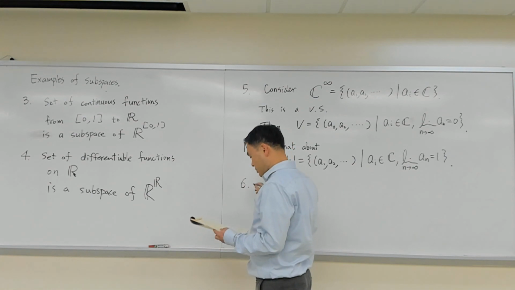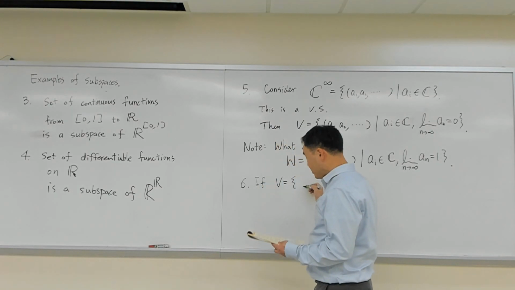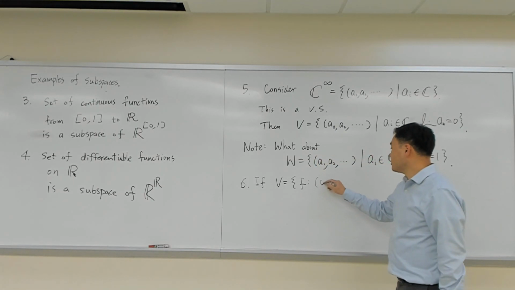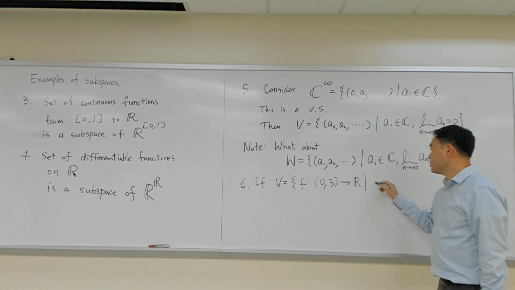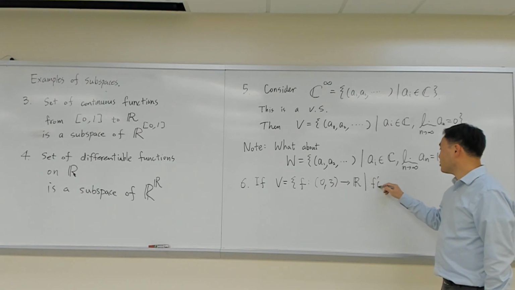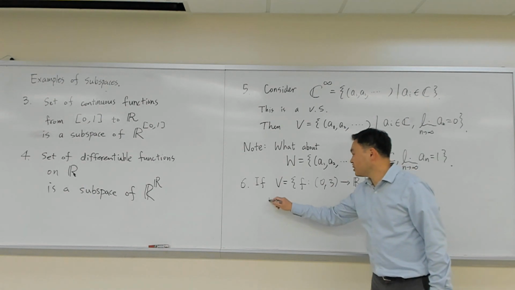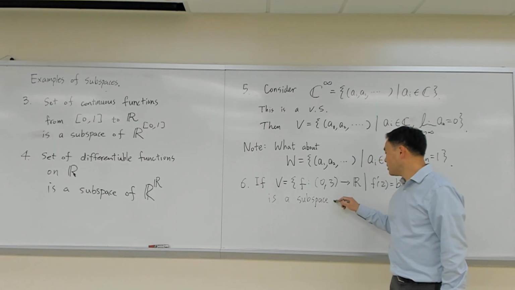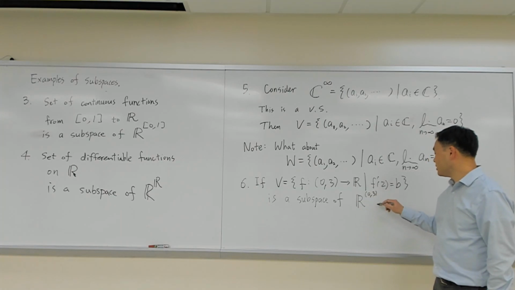So, number 6. V is the set of f from 0 to 3 to R with f prime of 2 equals b, and it is a subspace of R^(0,3).